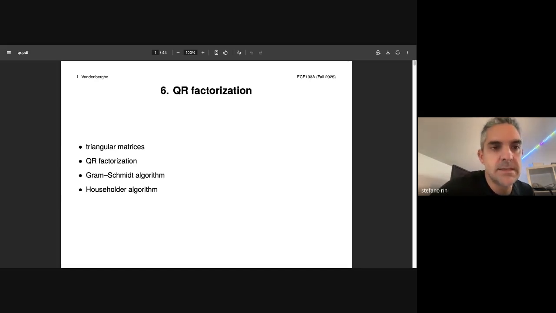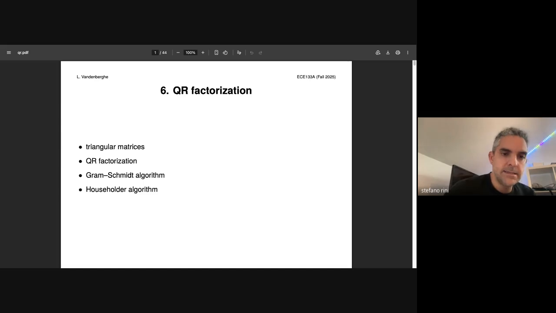Okay, so this means that if A is an m times n matrix that has linearly independent columns, then it can be factorized as A equal to Q times R, where Q is an m times n orthonormal matrix, and R is an upper triangular matrix that has positive elements on the main diagonal.